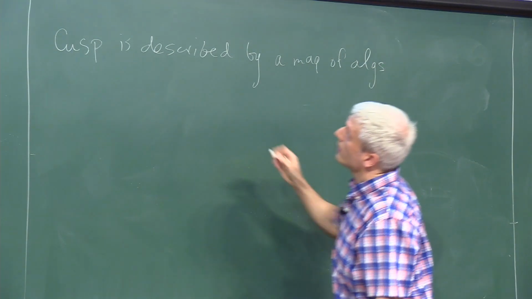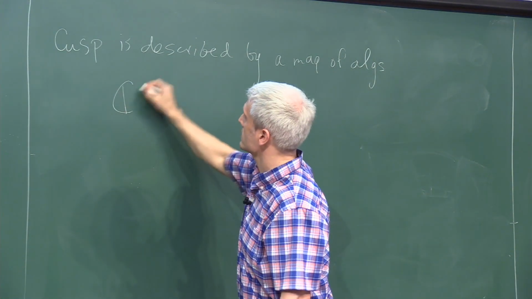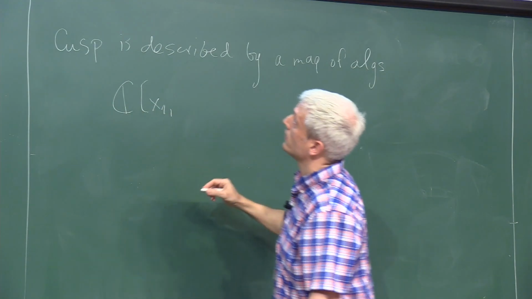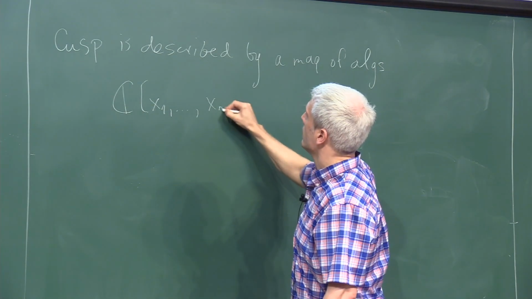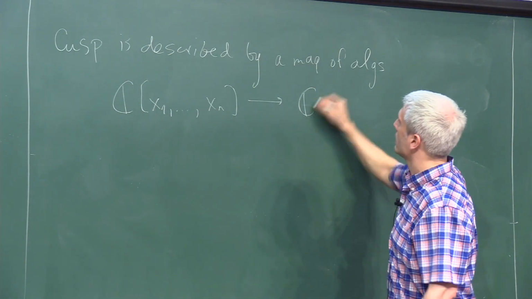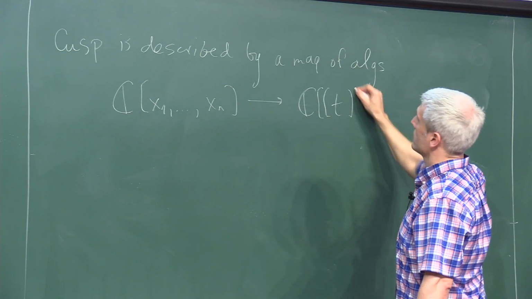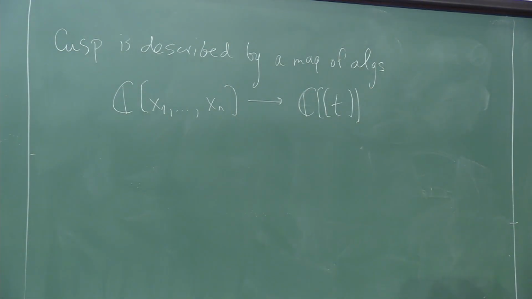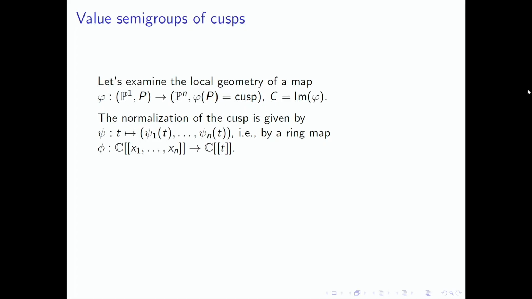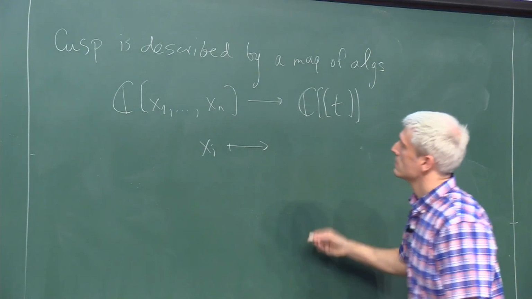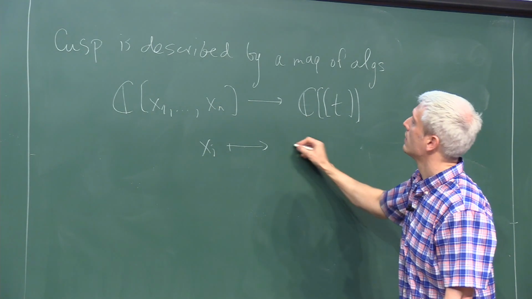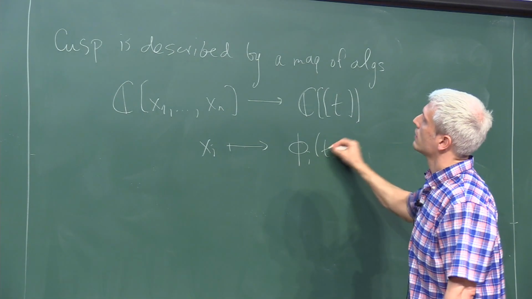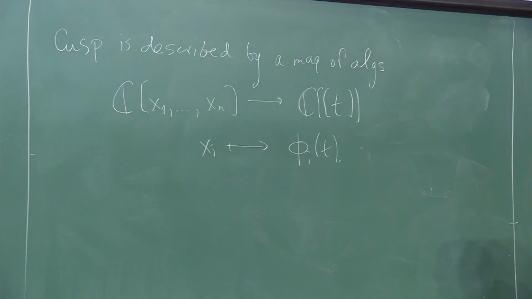I wrote C double brackets x_i, but this should really just be a polynomial algebra. Then the idea is that we look locally at a cusp. A cusp is parametrized by some n-tuple of power series, so we just send x_i to some power series in t. That describes the cusp locally.